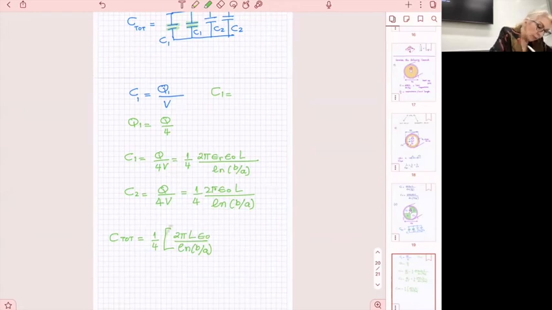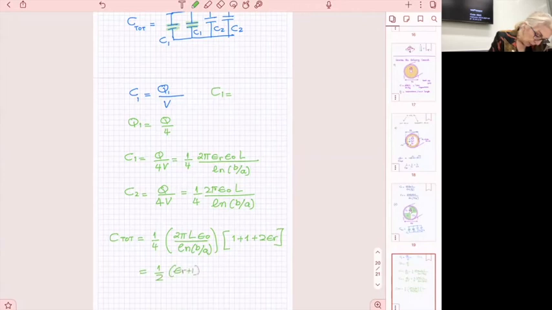And then what we are going to have in there is 1 plus 1, so 2 plus 2 epsilon r. So it's going to be 1 over 2 epsilon r plus 1. And then you have 2 pi L epsilon naught over ln b over a.